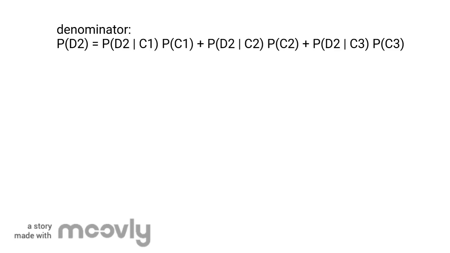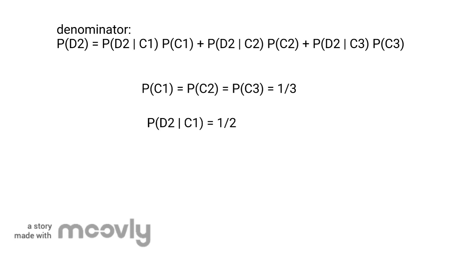Let us now compute the denominator part. Using the law of total probability, we can rewrite the denominator as shown here. As we know, P of C1 equals P of C2 equals P of C3 equals 1/3. P of D2 given C1 is equal to half, because given the car is behind door number 1, the probability of the game host opening door number 2 to reveal the goat is half.